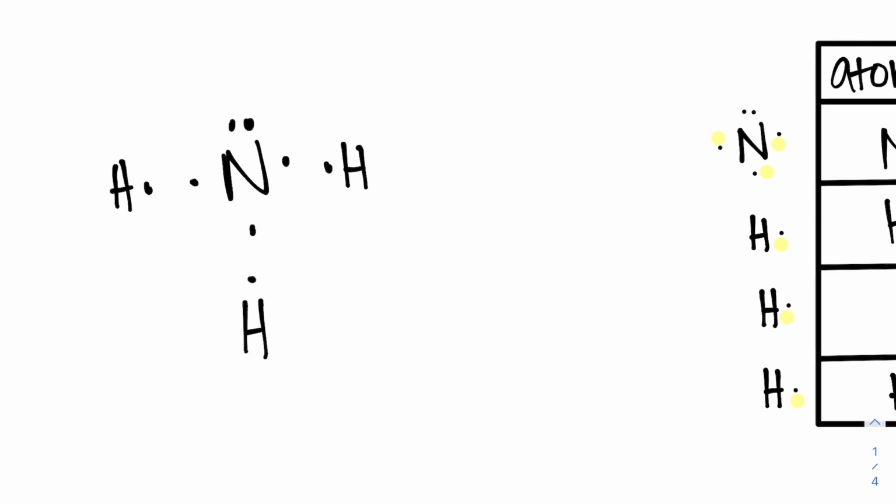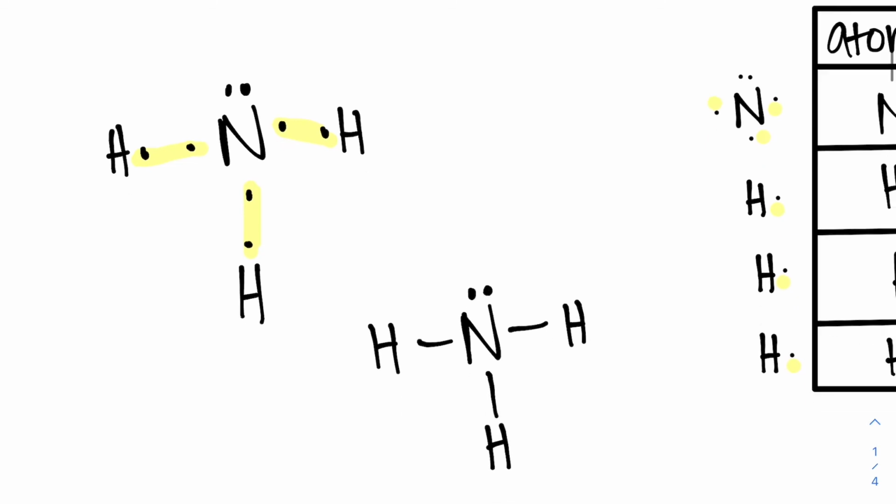You can see that when we connect the dots between these single valence electrons, we are satisfying all octets. So if we draw this back out with the lines representing covalent bonds, 2 electrons being shared between 2 different atoms, this is what we end up with.